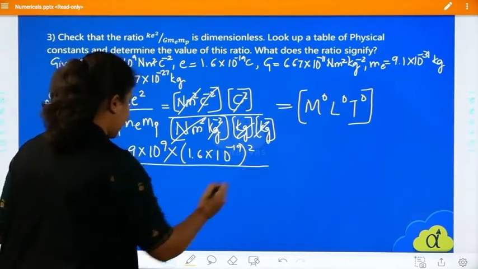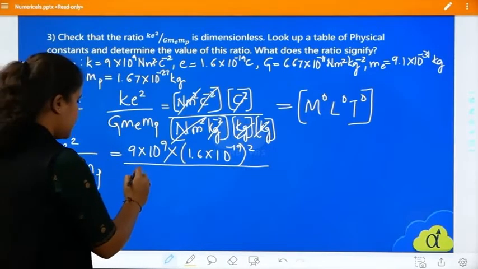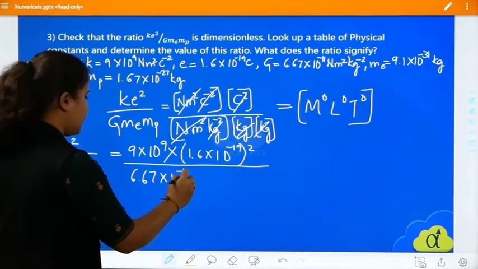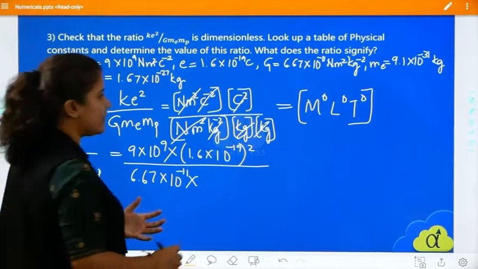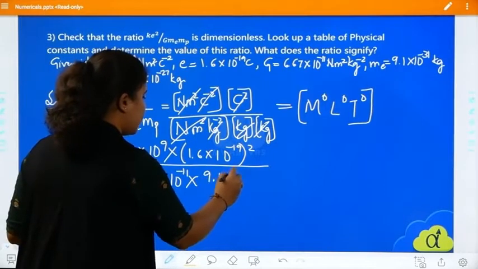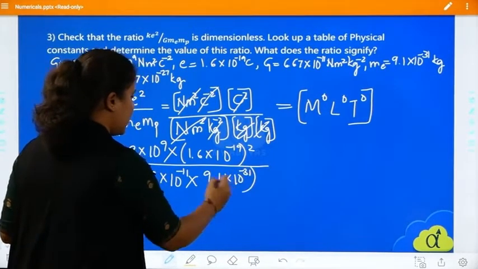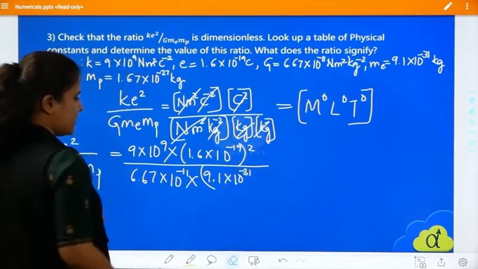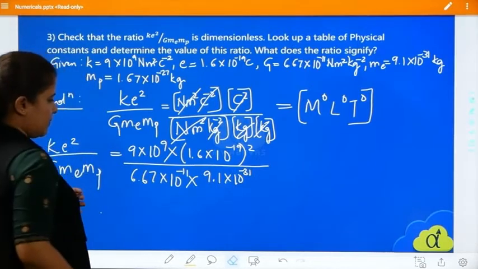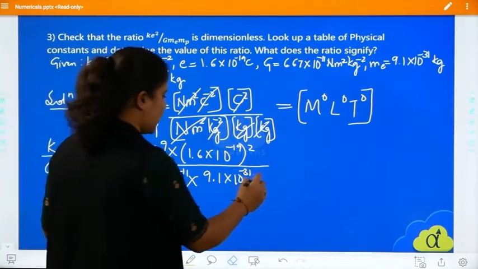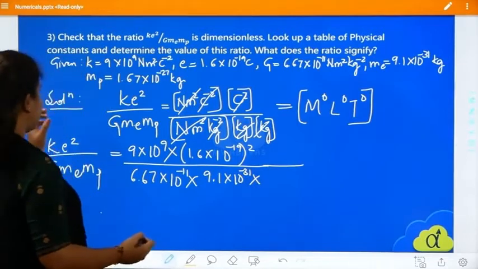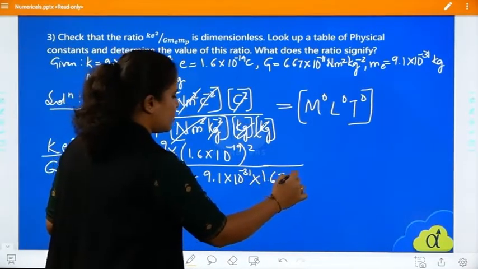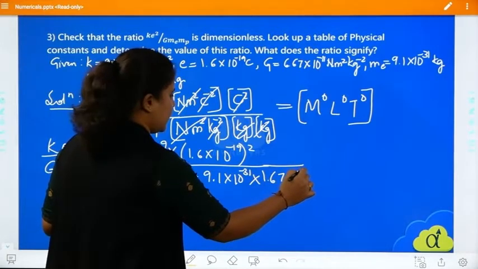So divided by G, which is 6.67 into 10 raised to minus 11, and also Me is 9.1 into 10 raised to minus 31. And what about the mass of the proton? The mass of the proton is 1.67 into 10 raised to minus 27.